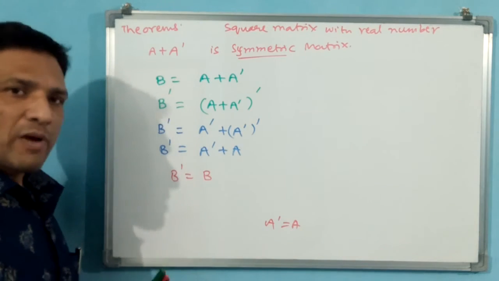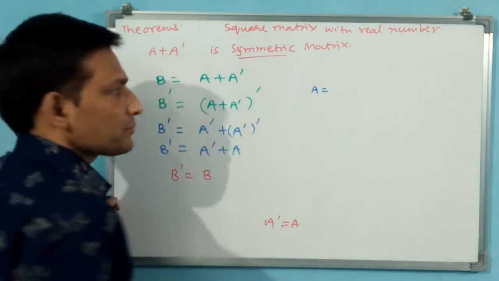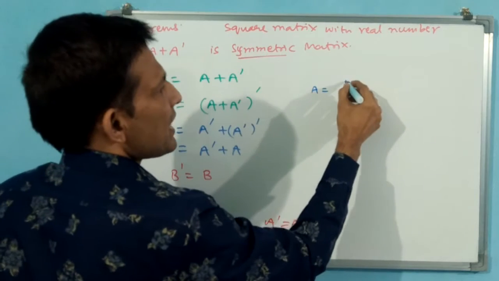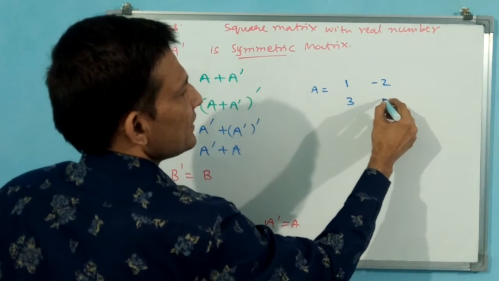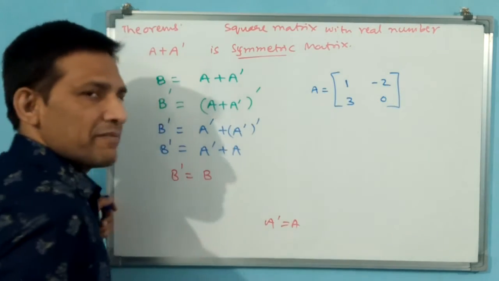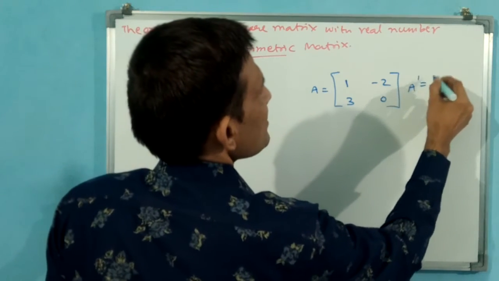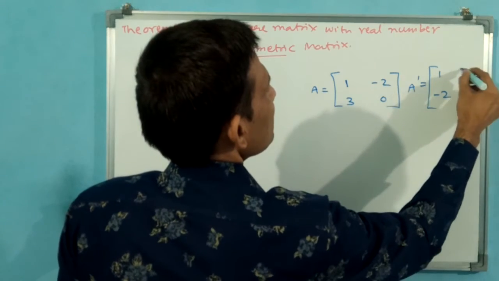But even then, I am taking a 2 by 2 example. You see, A is equal to a square matrix with real numbers. I am taking 1, -2, 3, 0. Is this a real number? Definitely real numbers. Now I am taking A transpose also. A transpose is 1, 3, -2, 0.